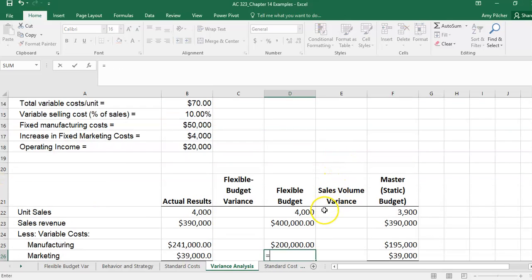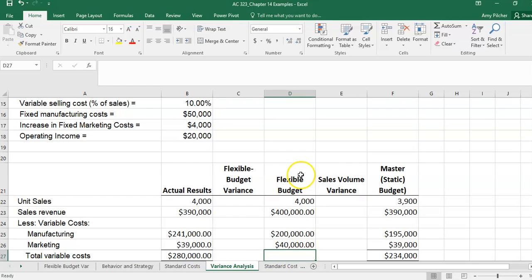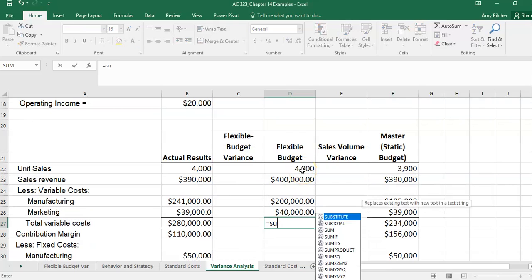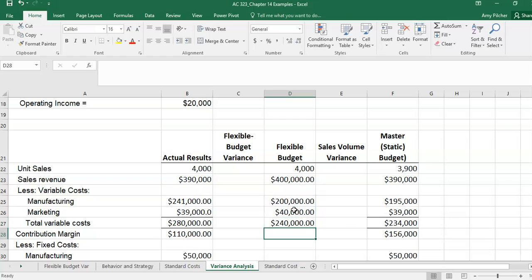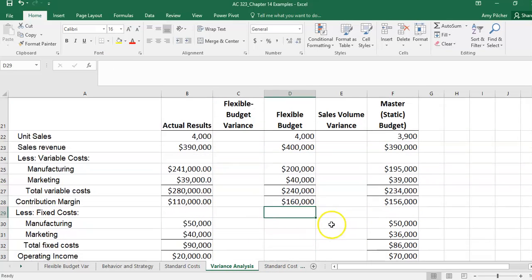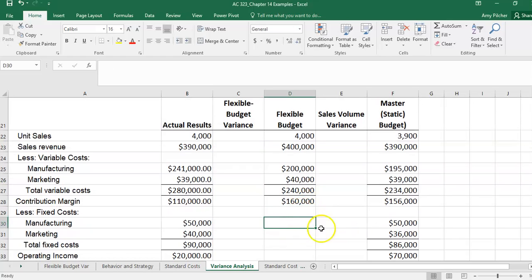Our marketing costs are 10% of our sales costs. So our total variable costs in our flexible budget are $240,000. Contribution margin, sales minus total variable cost is $160,000.